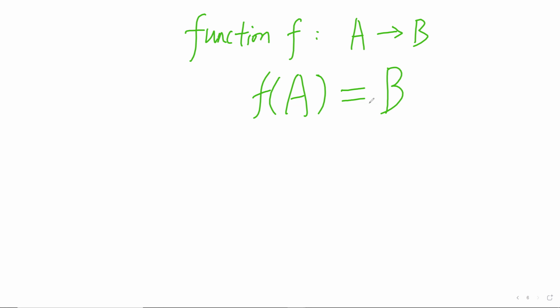So every element in B is mapped. In that case, we say f maps A onto B.